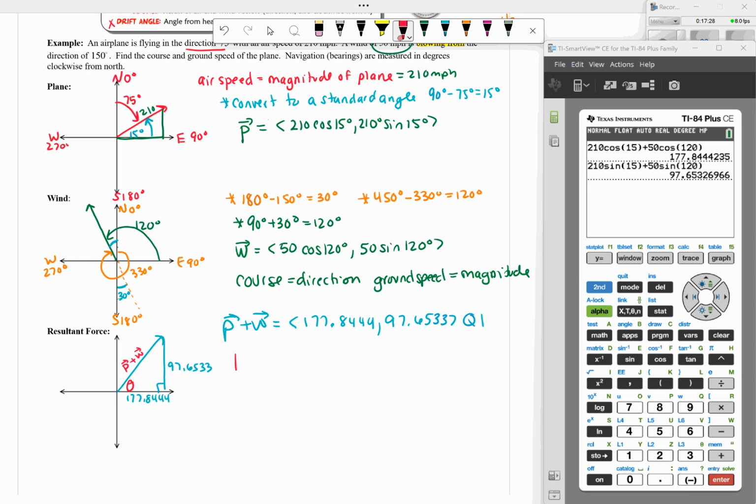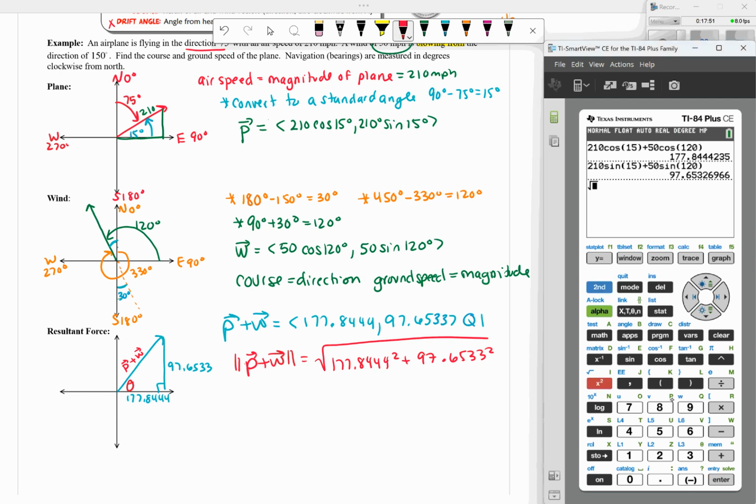So to find the magnitude of the plane plus the wind, remember, you're just using the Pythagorean theorem, so it's the square root of 177.8444 squared plus 97.6533 squared. Again, if those were negative, I would make sure to use parentheses.